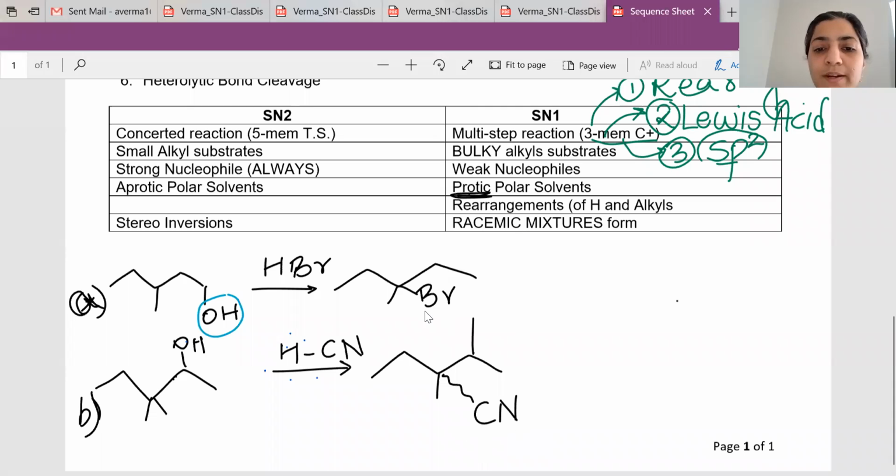So this is the product that we are going to get from this substrate. I have shown a wavy line here. It is neither the wedged bond, nor the dashed bond. It can be in the front or at the back. So 50-50% chances for that.